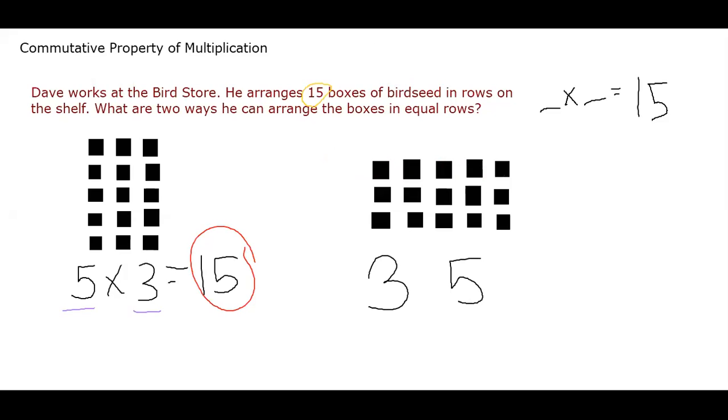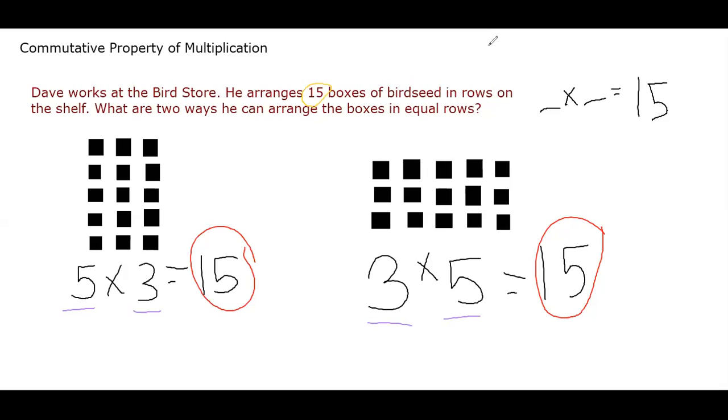I'm going to multiply them together, and it equals 15. So in this case, we had a 3 and a 5, and then the answer was 15. What I noticed is that when we're using an array to help solve a multiplication problem, the answer stayed the same if I had the same number of boxes.